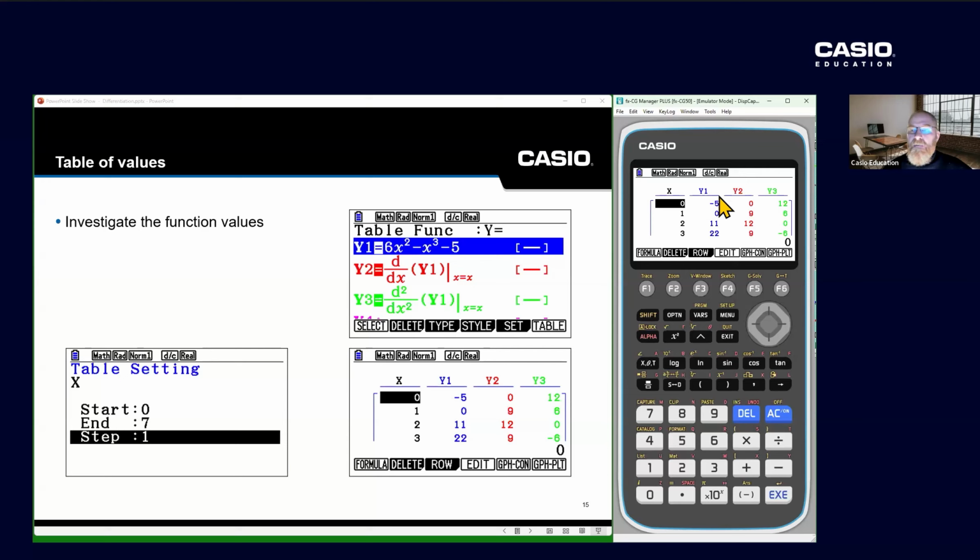So you can see that the blue values are the position function, red ones are velocity, green ones are the acceleration in this case. So we've got first and second derivatives being shown. Quite nicely, you can see that the velocity was 0 at t equals 0. We can scroll down and see that the velocity is also 0 at t equals 4.